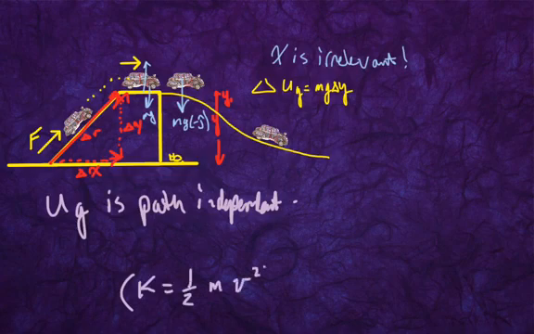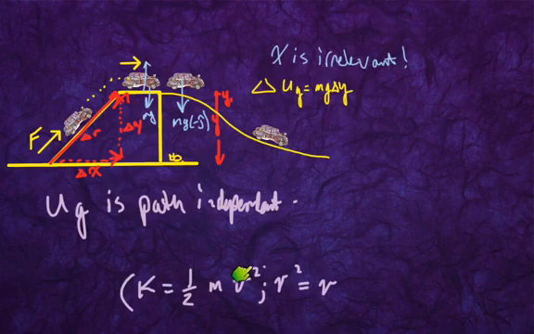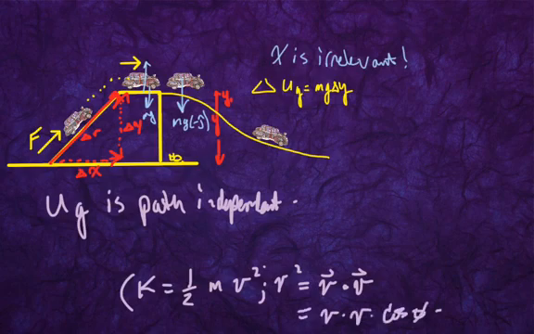Now, ironically, so is kinetic energy. Kinetic energy is also independent, and this is where this v squared is actually the dot product between our two velocities. Okay, it's velocity dot velocity. v squared equals velocity dot velocity, which equals v times v times cosine theta.